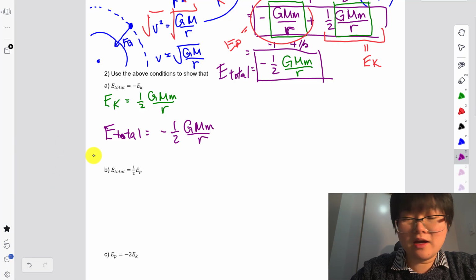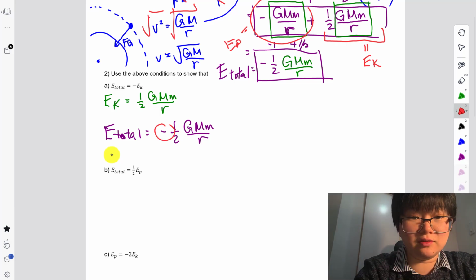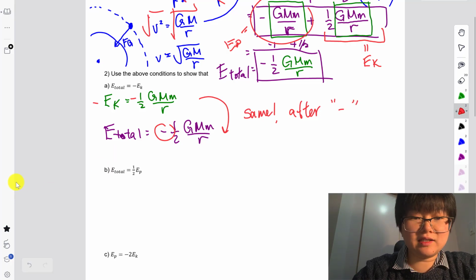So these two are exactly the same thing, and the only thing E total has is this extra negative sign. That's true, because E total is this kinetic energy with a negative in front of it. If you put a negative here, I get negative 1/2 big G, big M, small m over r, just like E total. Same, after you put a negative sign. So that is why they are related.